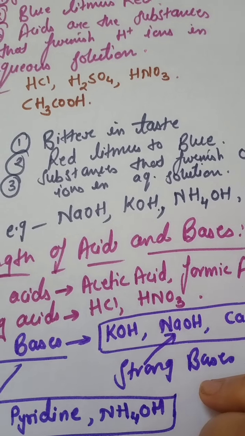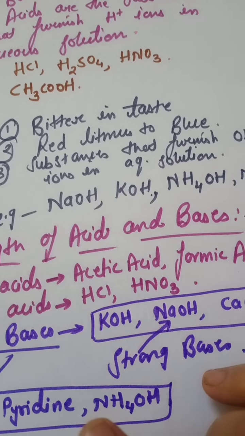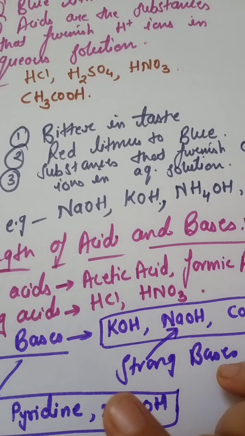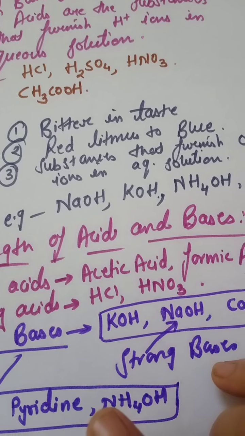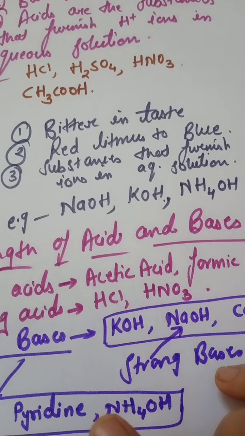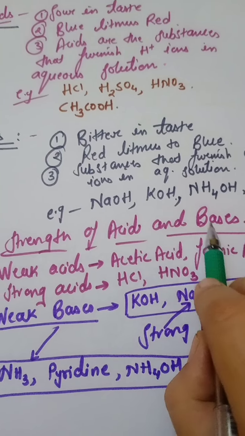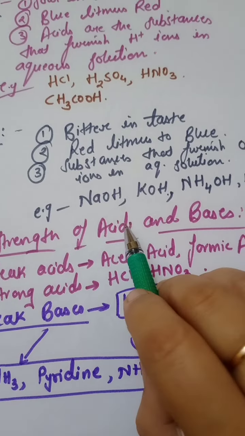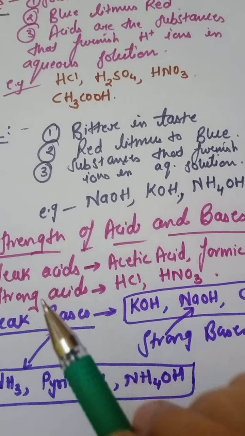If there are more H positive ions produced by an acid, then it is a strong acid. If there are more OH negative ions, then it is a strong base. So basically the strength depends upon the number of H positive ions and OH negative ions produced.